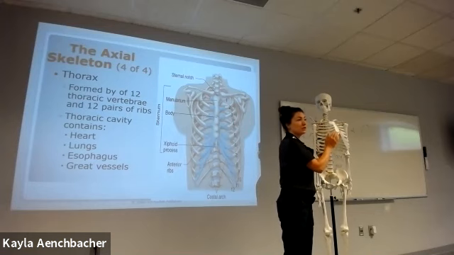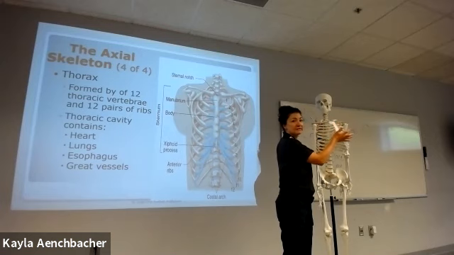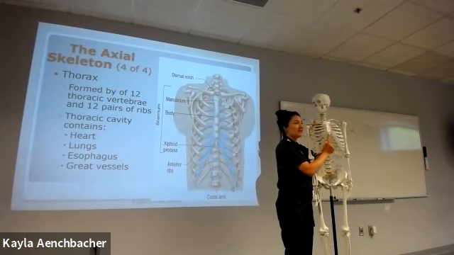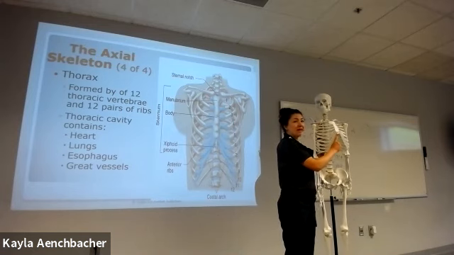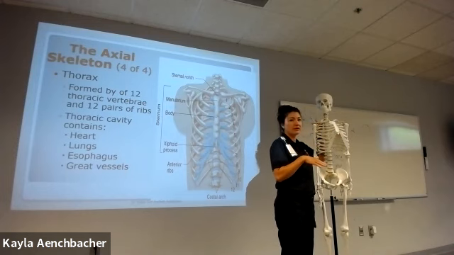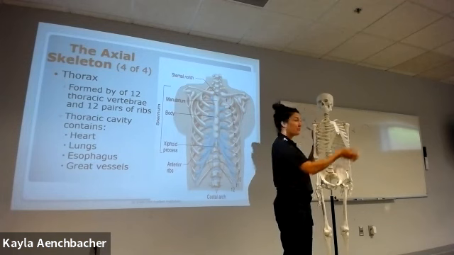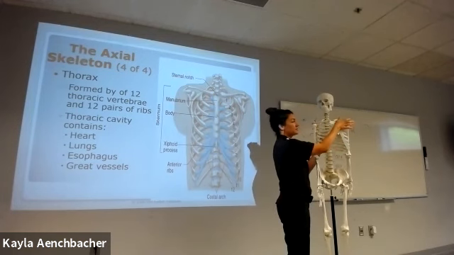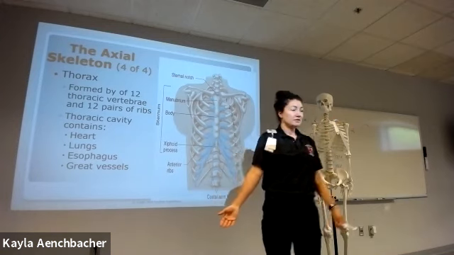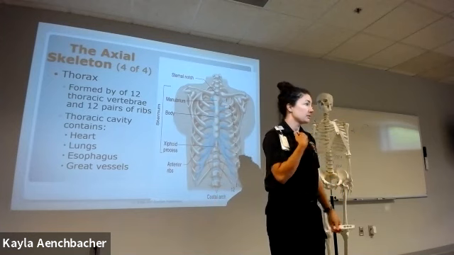Because if you place your hand too far down on the sternum, what are we going to be pushing on? The xiphoid process. It's not very securely attached. It's just kind of free floating out there. What's going to be a problem if I'm pressing on the xiphoid process versus the body of the sternum? I can break it off. Literally, I can detach it from the rest of the sternum.